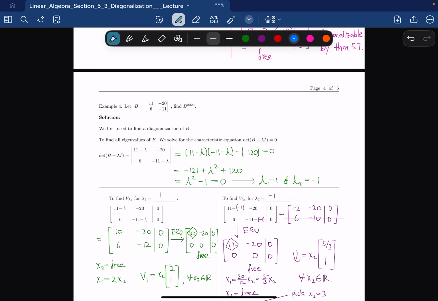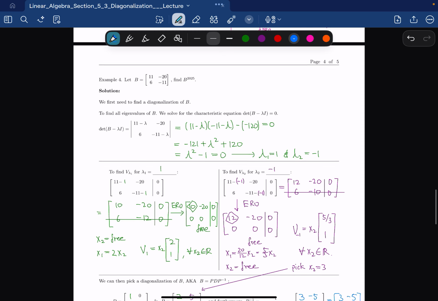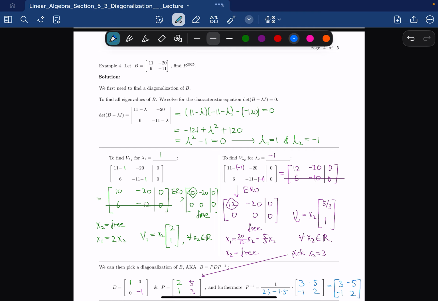All right, hopefully this one ties everything together, and hopefully you can see all of the steps, all of the procedure in calculating eigenspaces, and of course diagonalizing a matrix. Okay, so this is the material that you are responsible for.